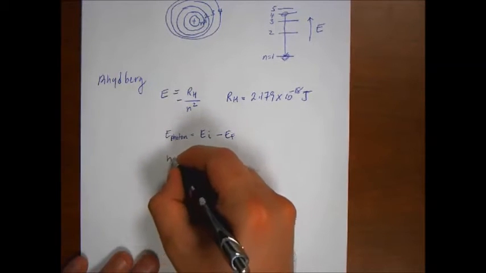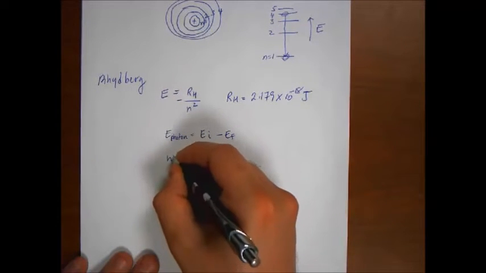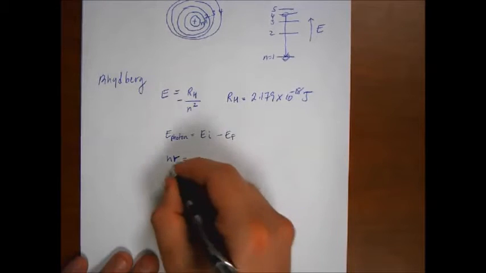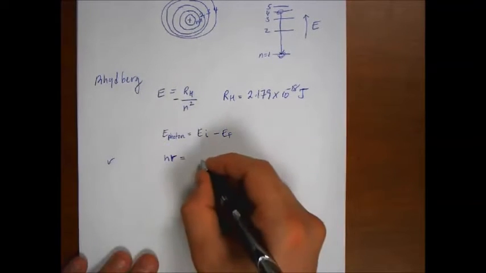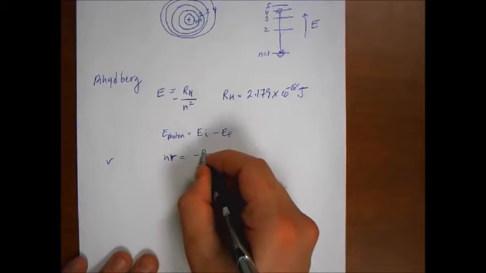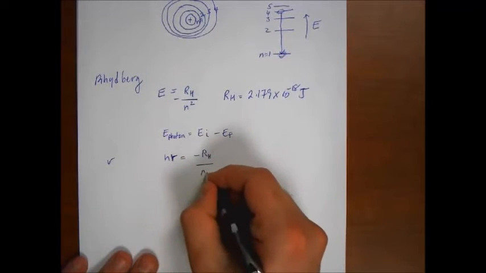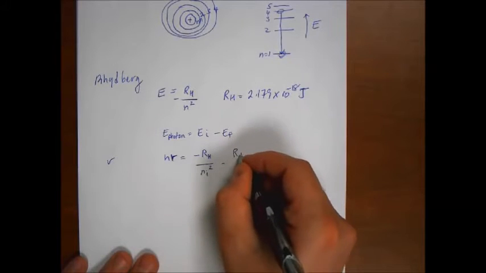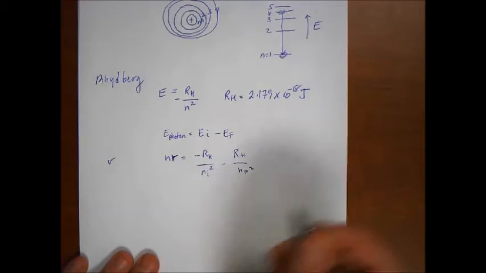We know that the energy of a photon is equivalent to Planck's constant times the frequency, h nu. And he said that this has to be equivalent to the difference: minus RH over n initial squared, minus minus RH over n final squared.